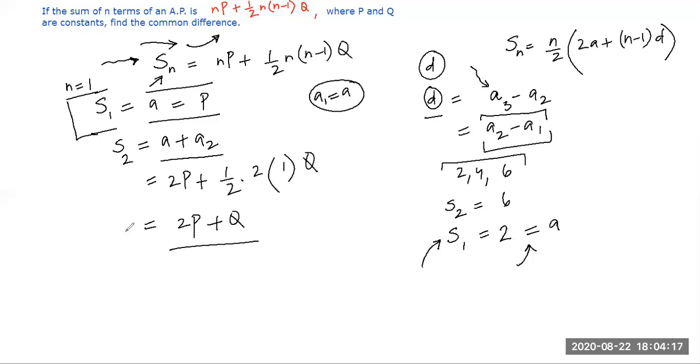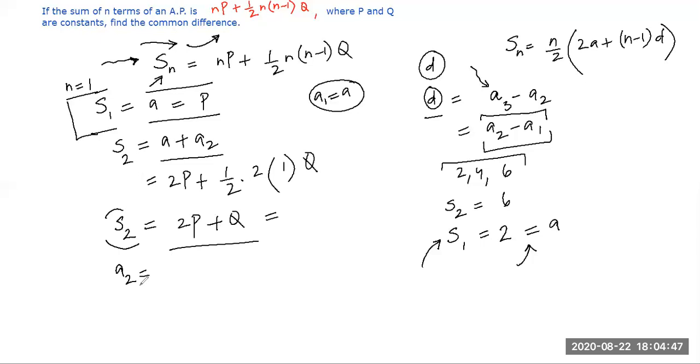This is S2. Now, don't make the mistake of subtracting the first term from the sum of two terms. First, you need to find the second term. How? This is the sum of two terms, which means the first term and the second term.